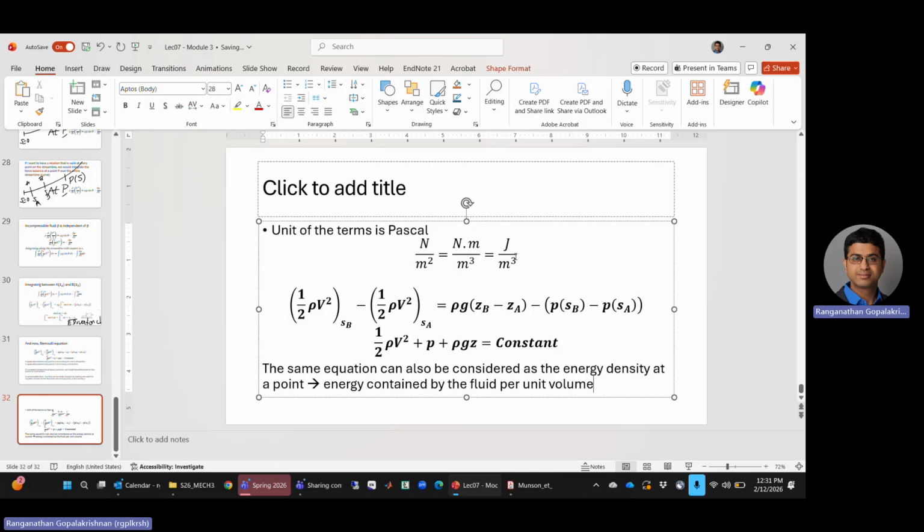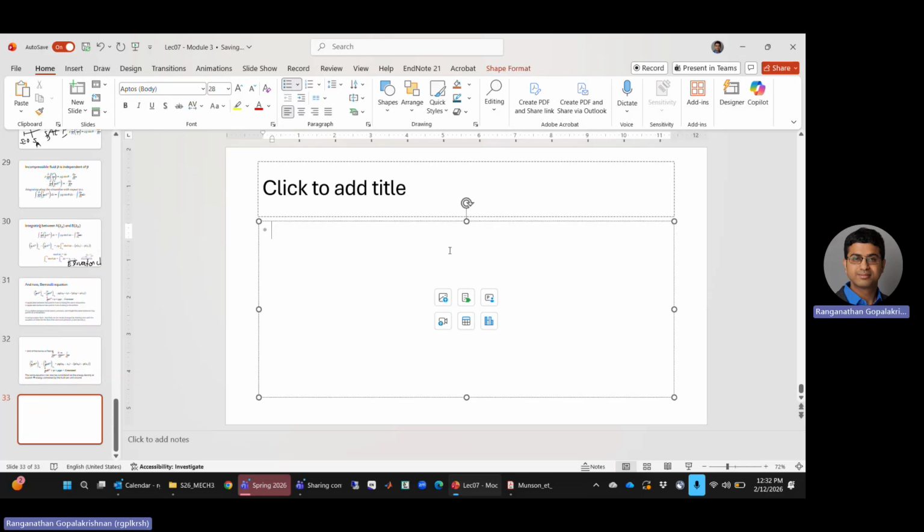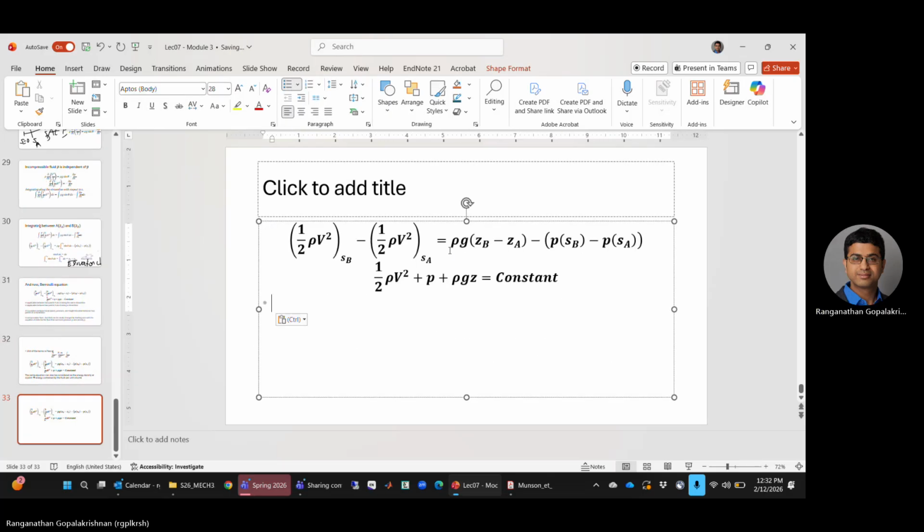And that energy is due to three causes. The first cause is due to motion, which is why we would call it fluid kinetic energy. Okay, so let's write this down. Half rho v squared is the energy due to motion.